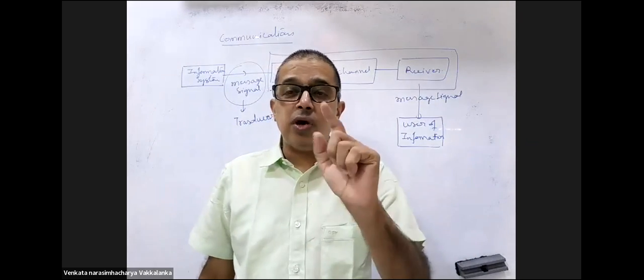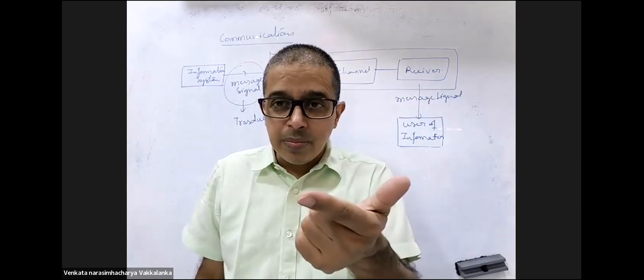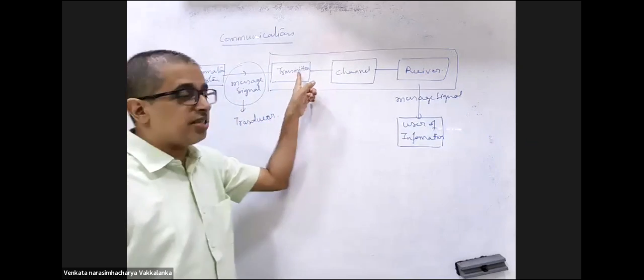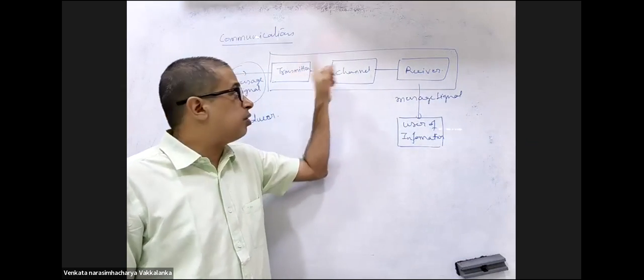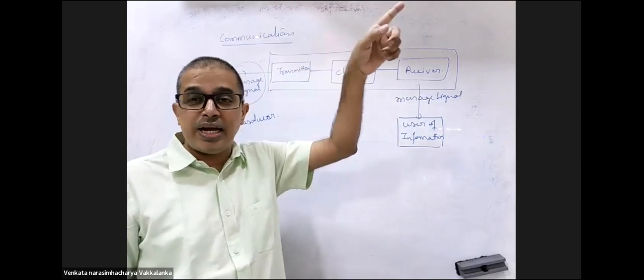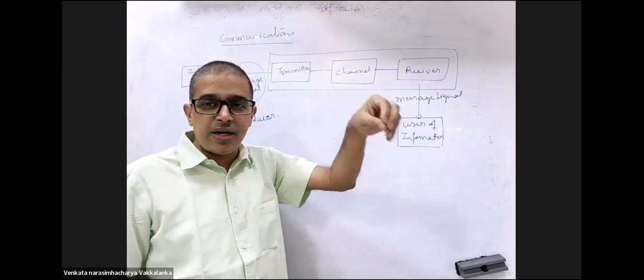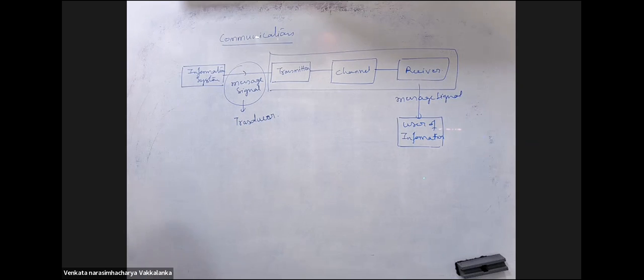Cell phone, first of all, converts my signal into an electrical pulse. That is what is called a transducer. Then it sends it to the transmitter in the cell phone itself. Cell phone transmits it using the channel, which is called the communication channel. That goes to the receiver. It will be refined and given to the user of information.